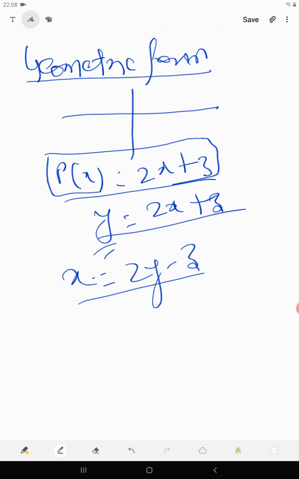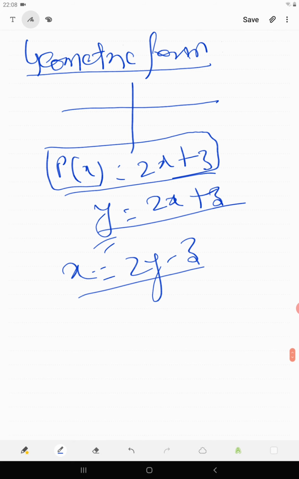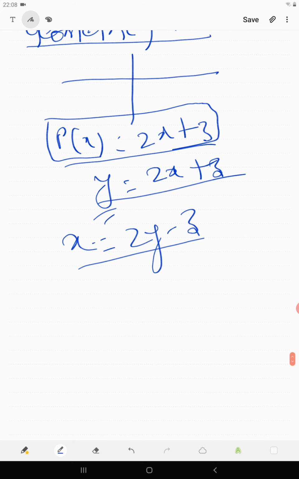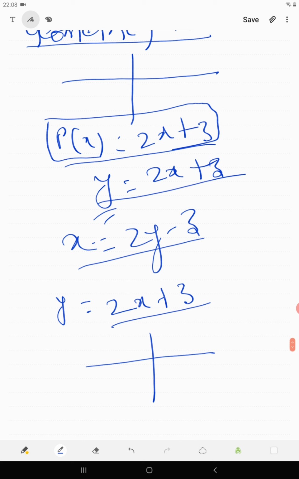Now understand, if we are given a graph, I am not going to draw graphs now, we will do it whenever it is required, but understand the basic idea. If it is given in the form of y equals, suppose, 2x plus 3, so the right hand side is in the form of x, then we need to see at how many points the given graph touches the x-axis. Suppose this is a graph for us, of course this is not a graph for the given equation.